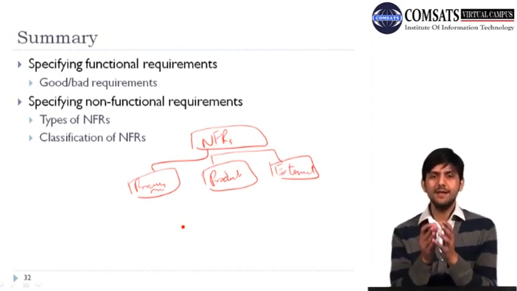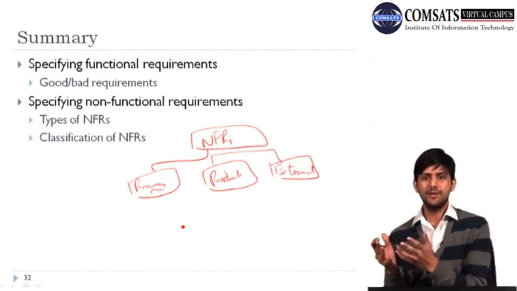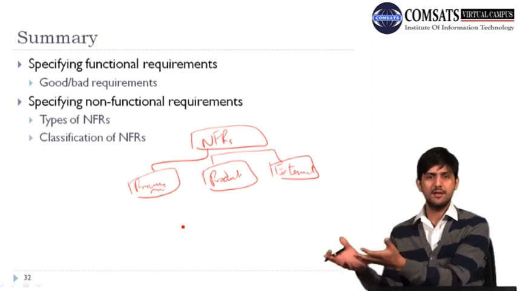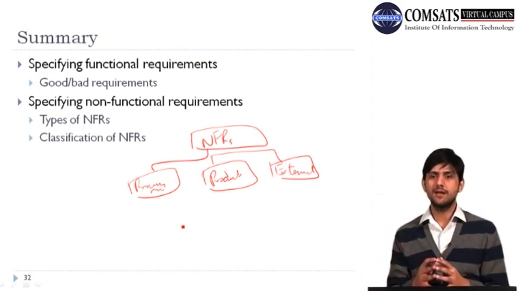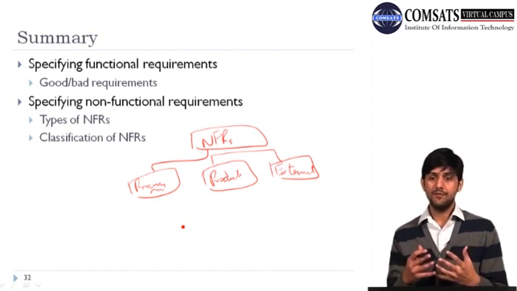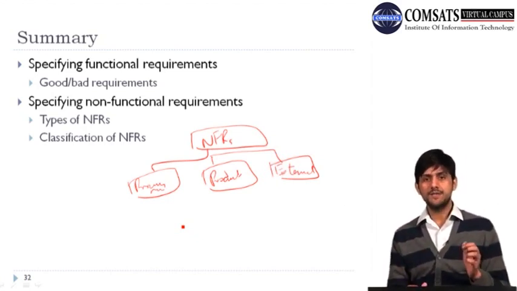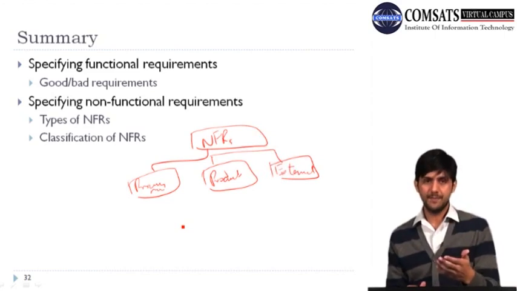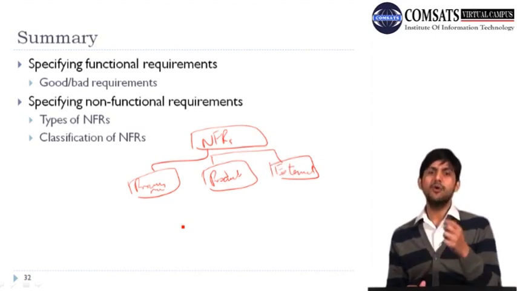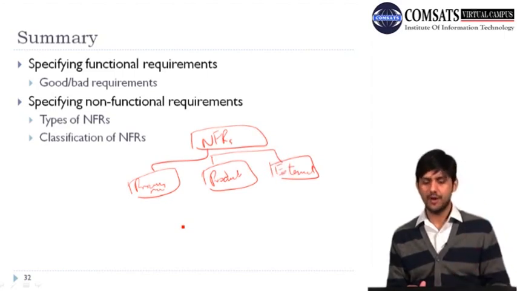We said that process requirements are constraints on the process of making that particular system. For example, if we have any standard requirements, they would go into the process requirements. Similarly, any documentation requirements, or any requirements related to what kind of tools are to be used to develop this product, would be classified as process non-functional requirements.